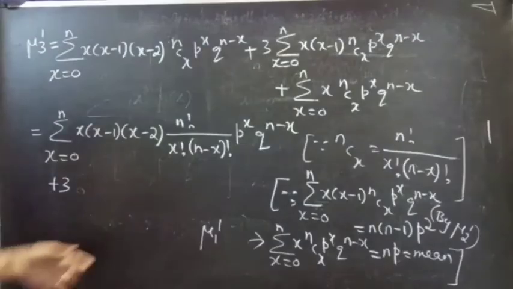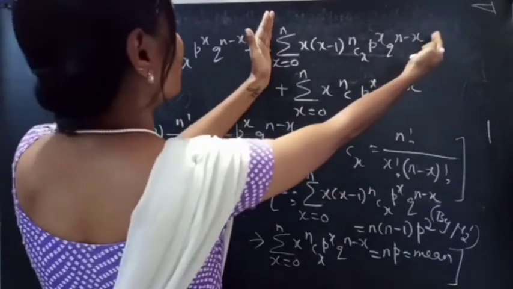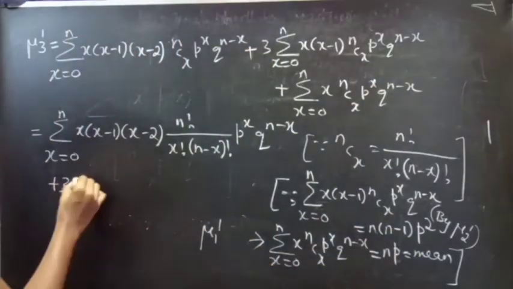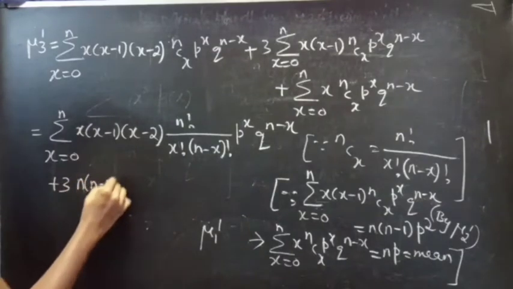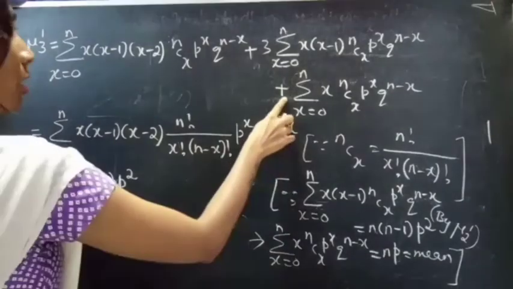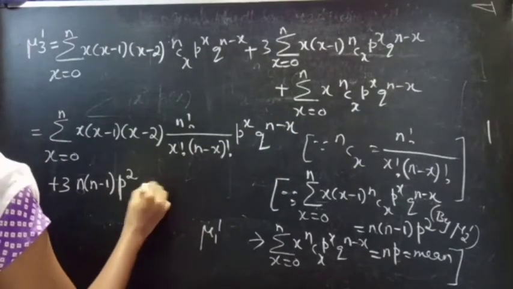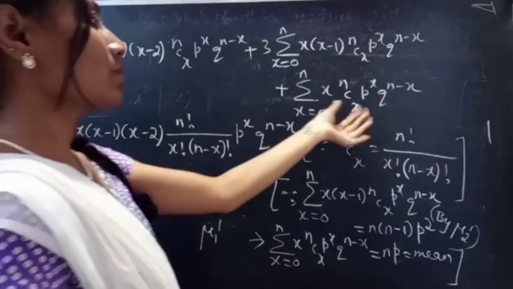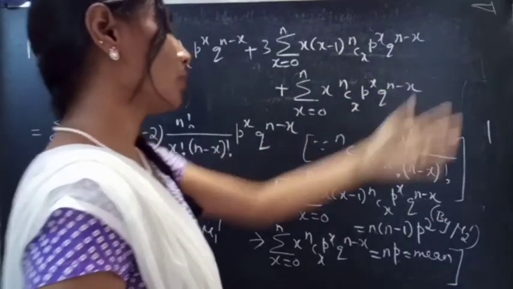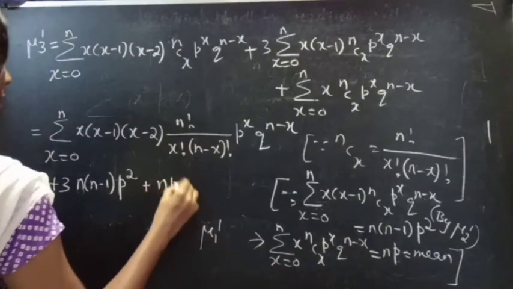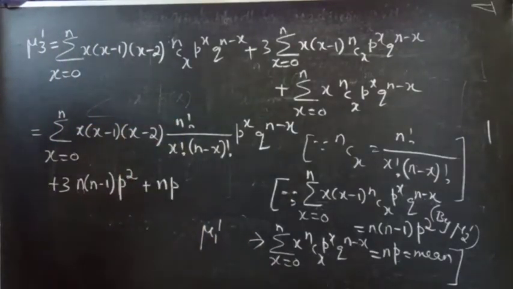So now you can replace this term by n into n minus 1 into p square, plus, since we are having summation x equals 0 to n x into nCx into p power x into q power n minus x is np, which is mean. So right, np. Okay.